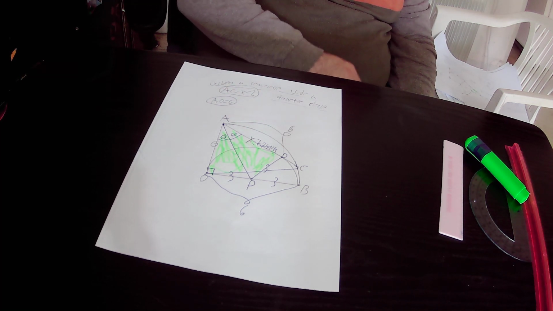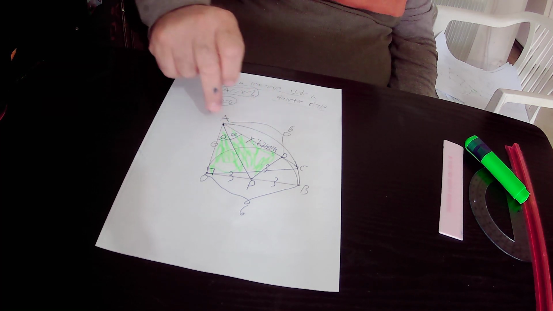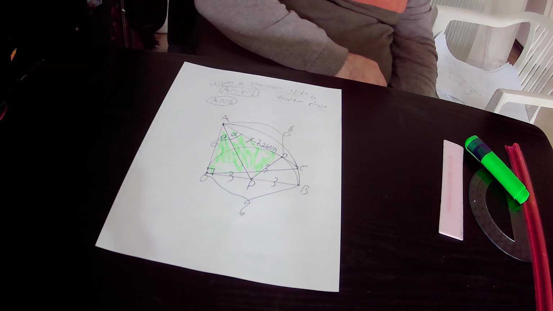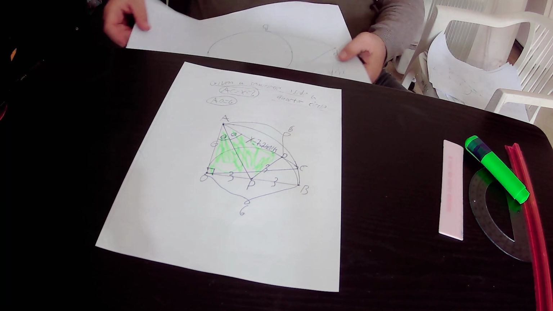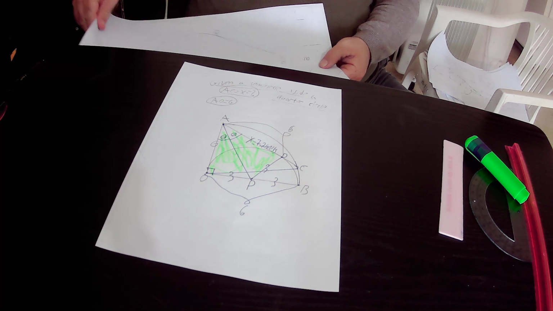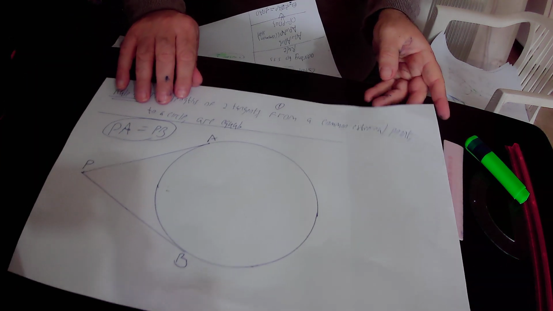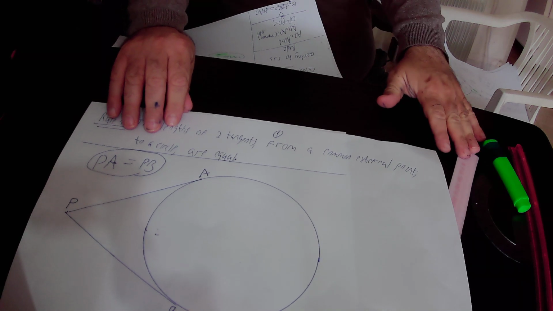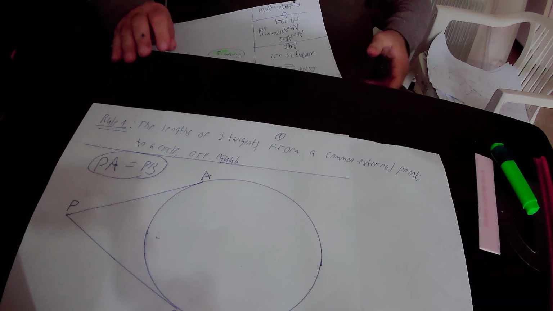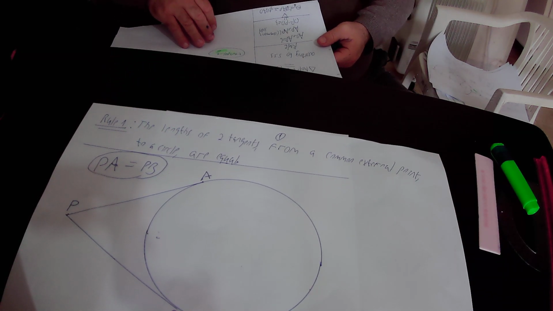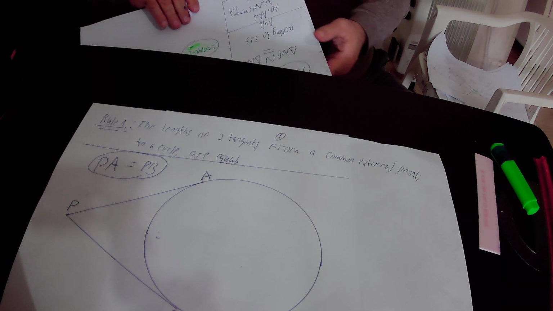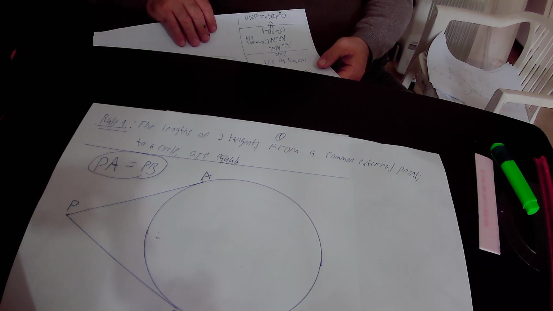Then we joined points A and P together by a straight line, and I presented to you rule number 1. According to rule number 1, the lengths of two tangents from a common external point to a circle are equal. What is the meaning of rule number 1?